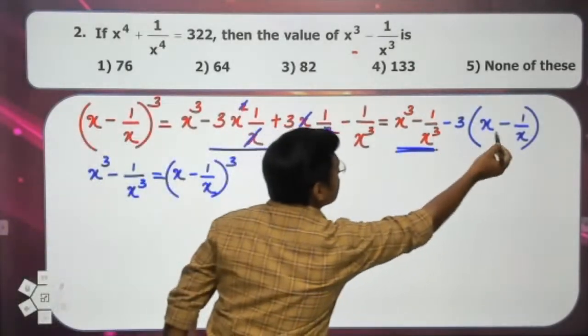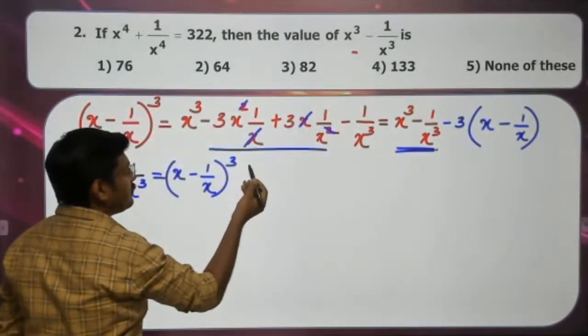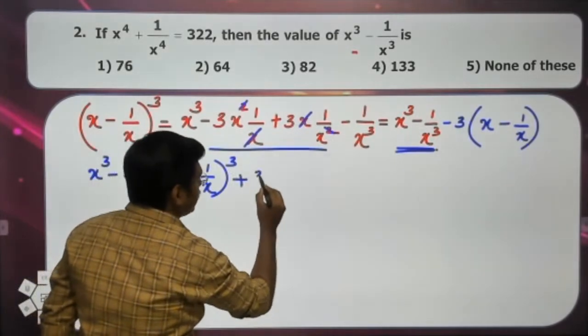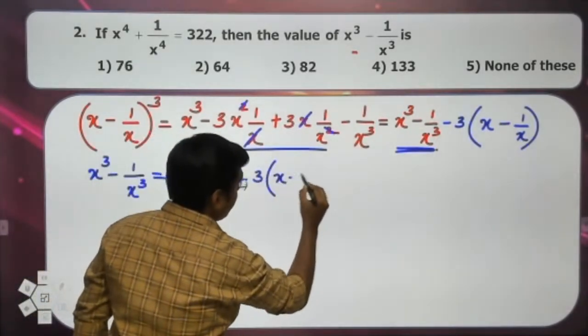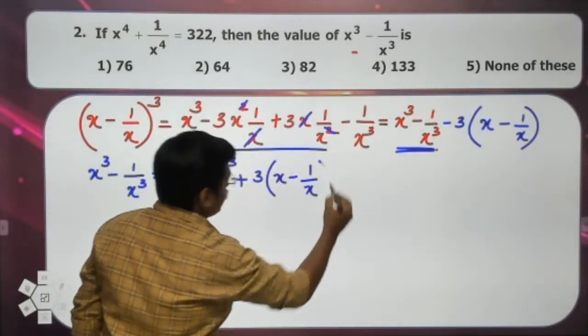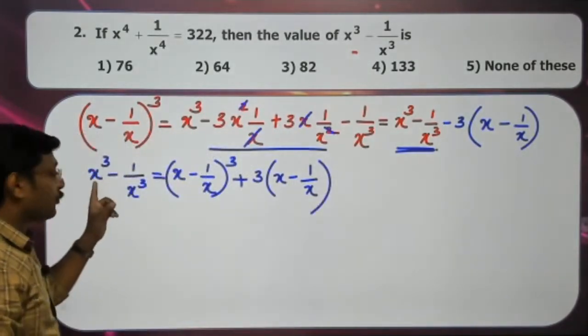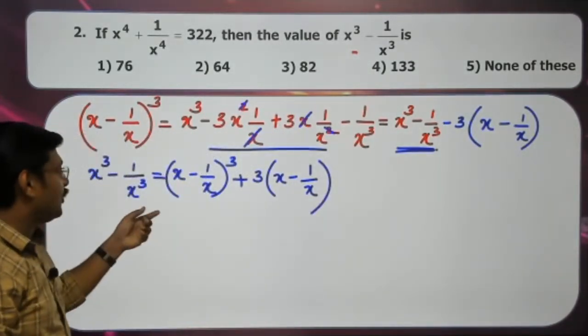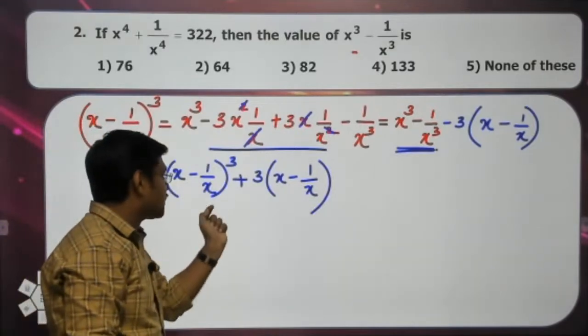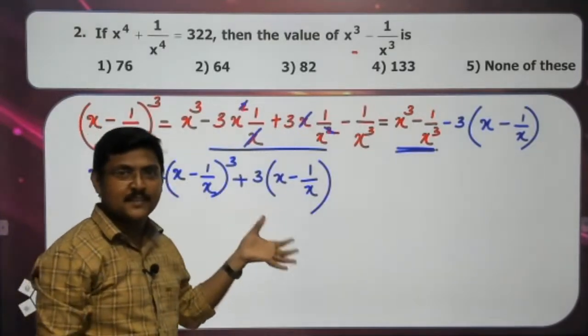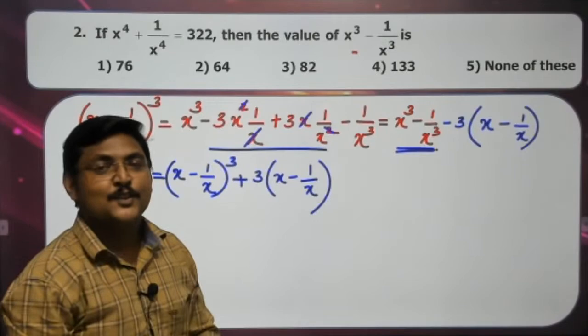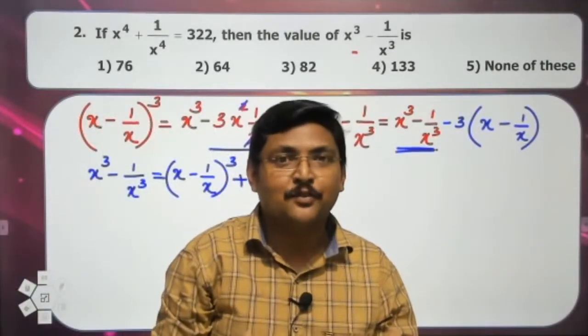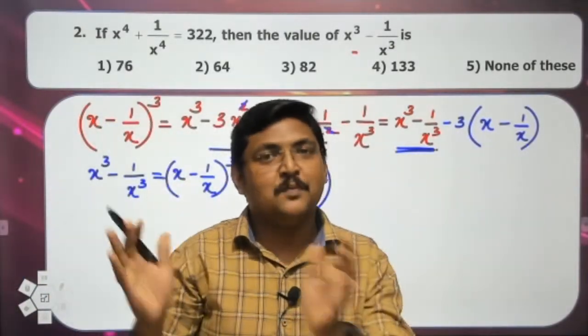Since it is minus 3 into, on taking to the left hand side, it becomes plus. So plus 3 into x minus 1 by x. This is what we need to find. If we know x minus 1 by x, that's the answer, right? So our next procedure is to find the value for x minus 1 by x.